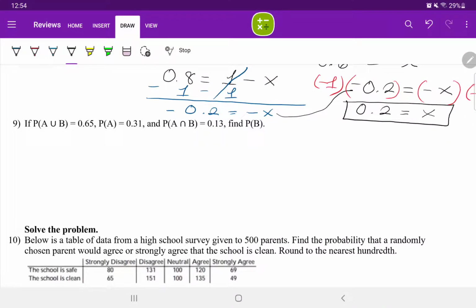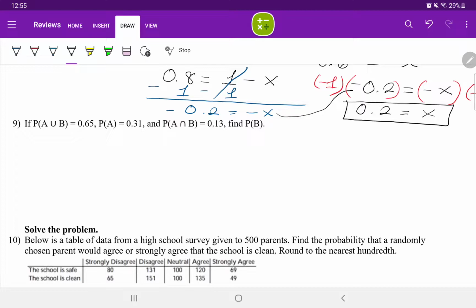Now, number 9 says, if the probability of A union B equals 0.65, the probability of A equals 0.31, and the probability of A and B, so A intersecting B, equals 0.13, find the probability of event B. So, at least for my class, if you remember back in chapter 2, section 3, or it might have been chapter 2, section 2, one of those two chapters, I had us translate set notation into a verbal statement.